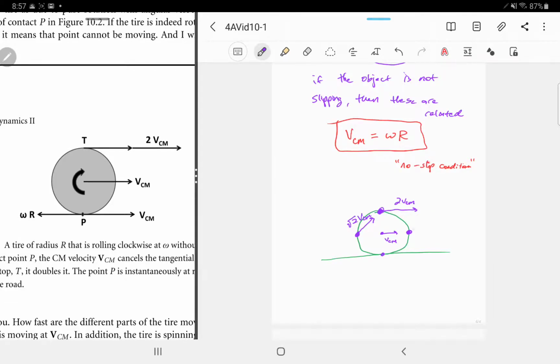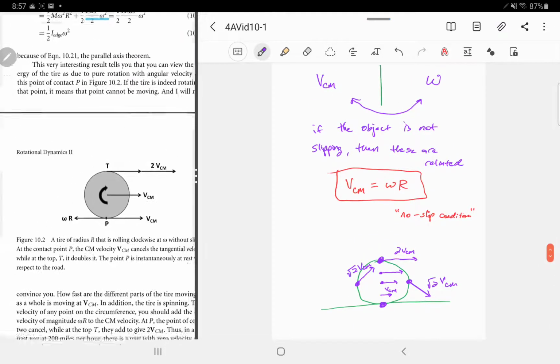Well, thinking about it this way, we know that it's actually down and to the right and moving at square root of 2 VCM. But how would we have known that without doing all this? So points in between, like along this line, this would be 1.5 VCM, this would be 0.5 VCM. It ranges from 0 to 2 VCM at the top right there.